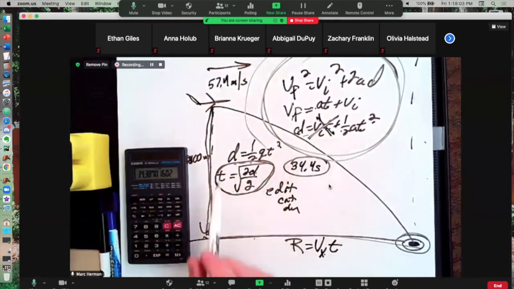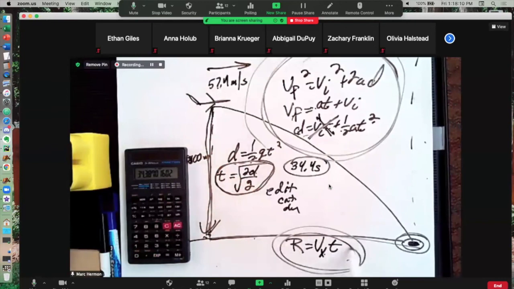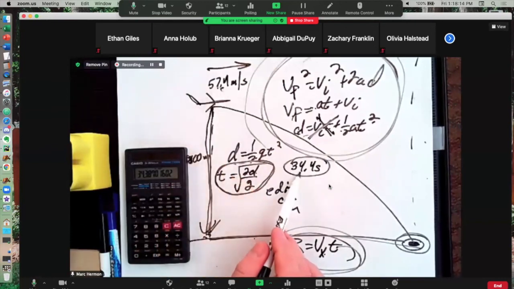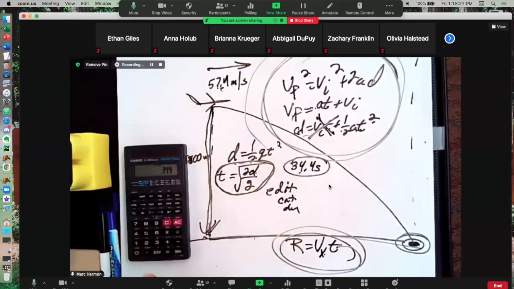Now, every single second, it's going to go 57.4 meters over, right? That's how we figure out the range. We take that horizontal push times how long it's in the air. So all we need to do to find the range is find out how long it is in the air. And then once you know that, just take it times your horizontal velocity and you'll have your distance over, right? 34.4. You're going to get a plane problem like this on the test.